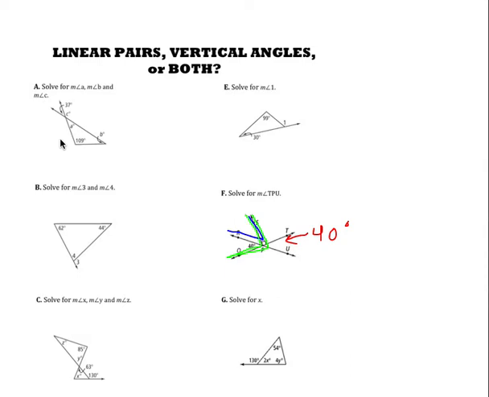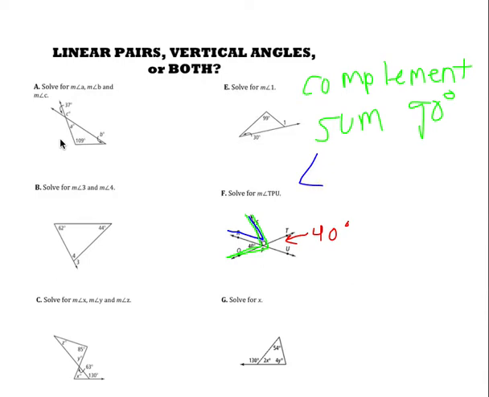So using what we know about complementary, and remember that complementary means that two angles sum to 90 degrees, we can say the blue angle plus 40 equals 90.